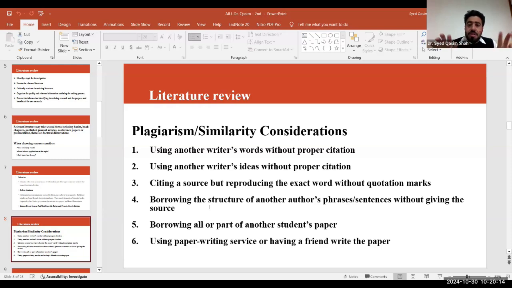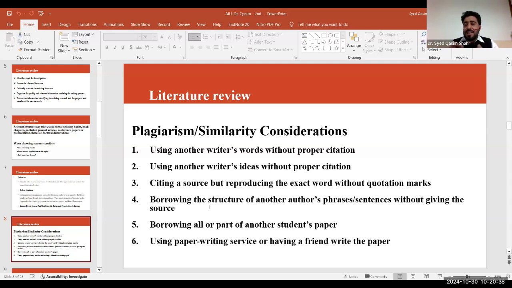In terms of quotation marks, if we are reproducing the exact words of someone without quotation marks, that comes under plagiarism. We can use, let's say, the quotes of any scholar, the quotes of any researcher. If we are using the same words without changing anything, we need to put quotation marks.